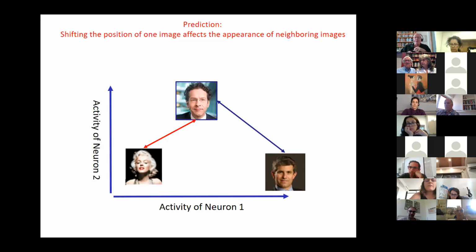So the information about how an image appears is intrinsic. It's through the lateral intrinsic connections within high-order visual areas. It does not require top-down information. It does not require bottom-up information.